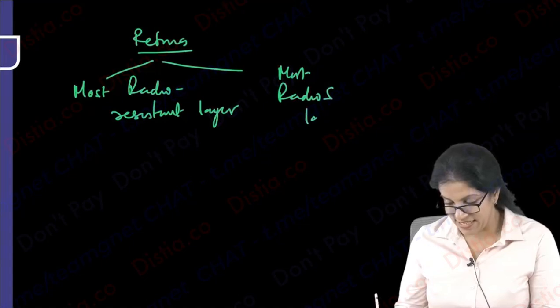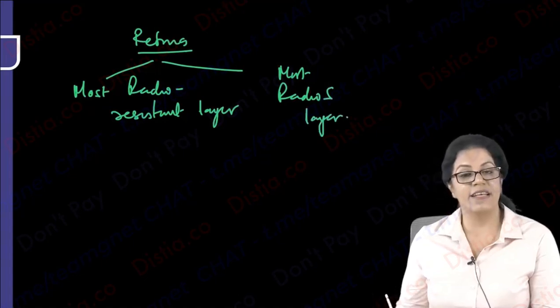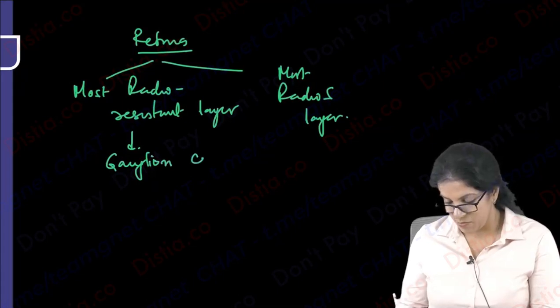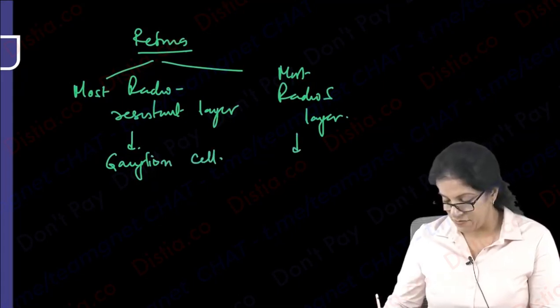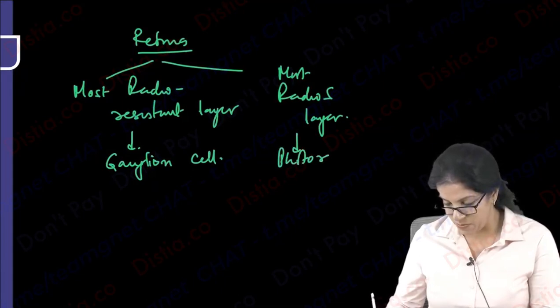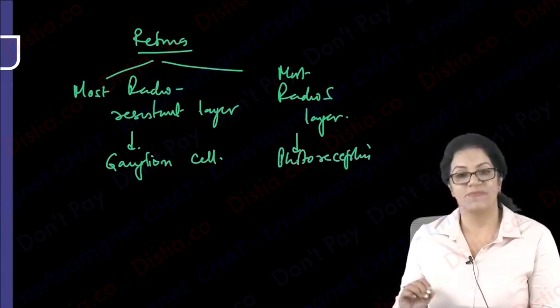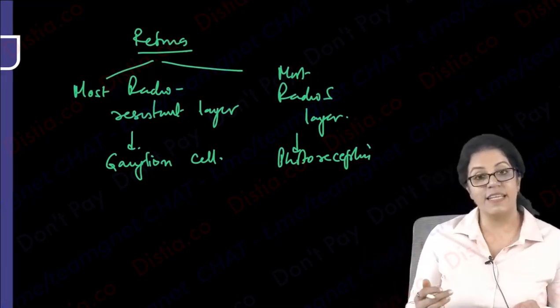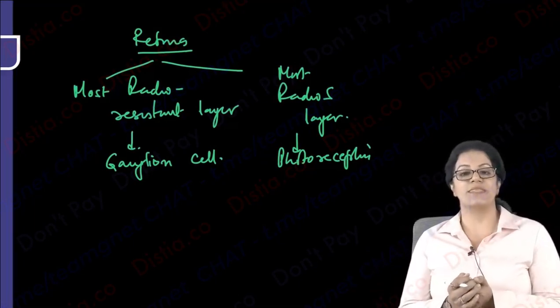We are going to learn it in the retina chapter. Just remember this, ganglion cell layer is most radio resistant and photoreceptors, that is rods and cones, are most radio sensitive.